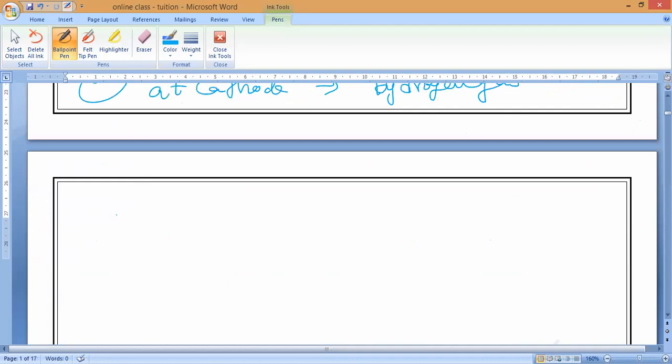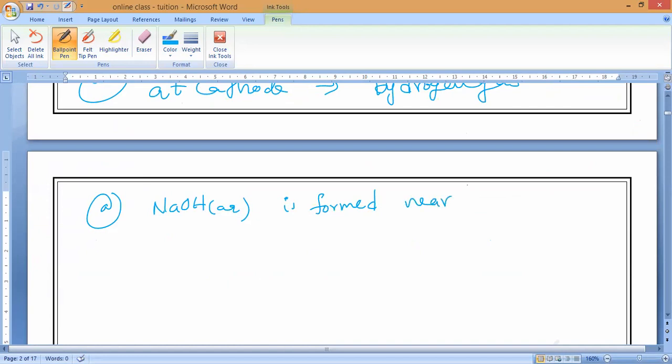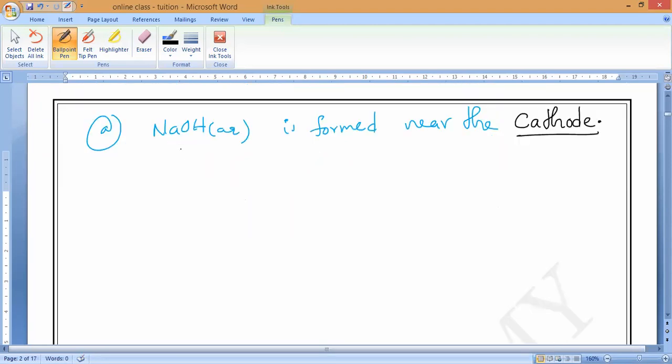Next, at the cathode only, sodium hydroxide forms. Sodium hydroxide is formed near the cathode. Any doubt, anybody?